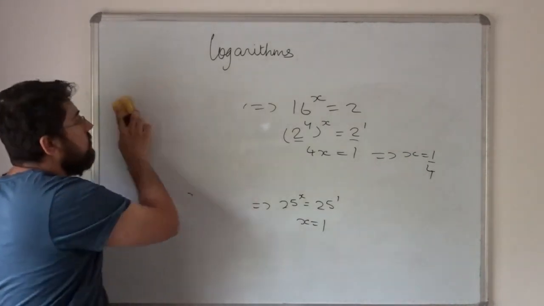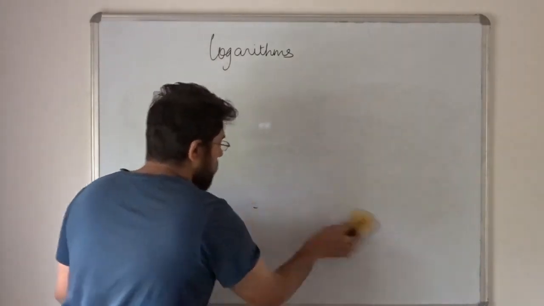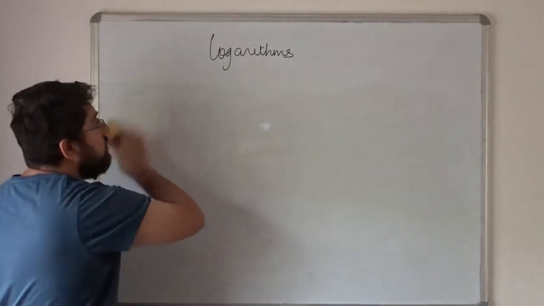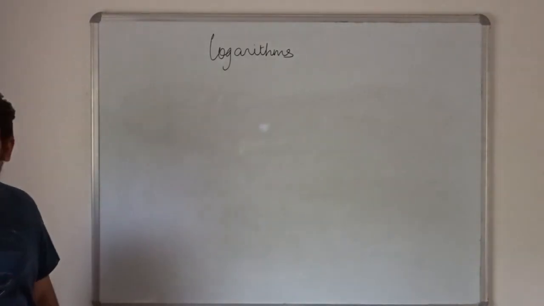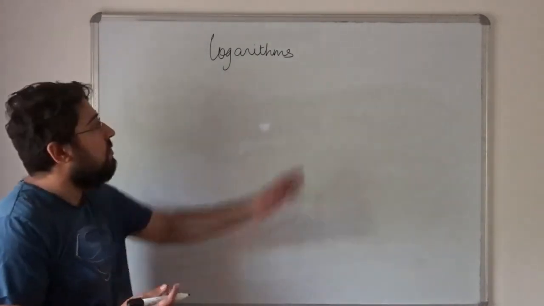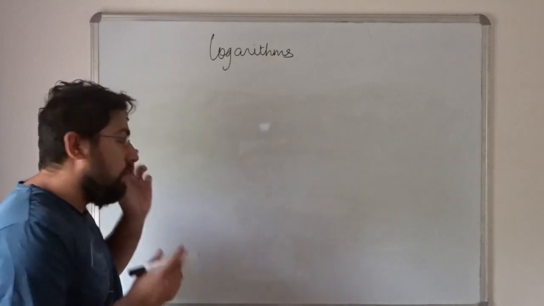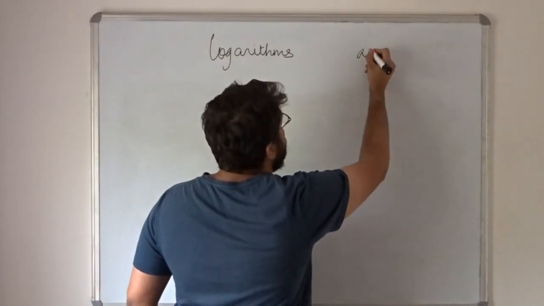Okay. So now there are a few rules that I just want to familiarize you with. I'm not going to go into the details of these laws. I'm just going to write them up there so that you understand what they are. So this is the first one.